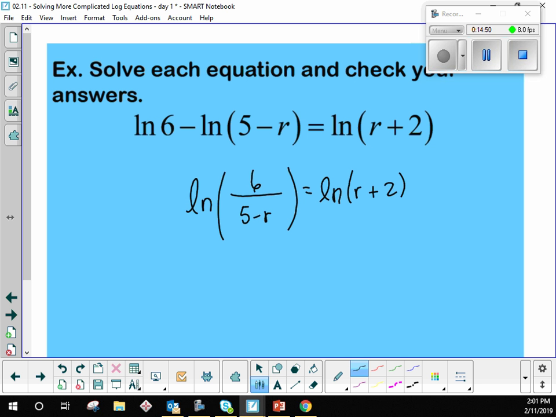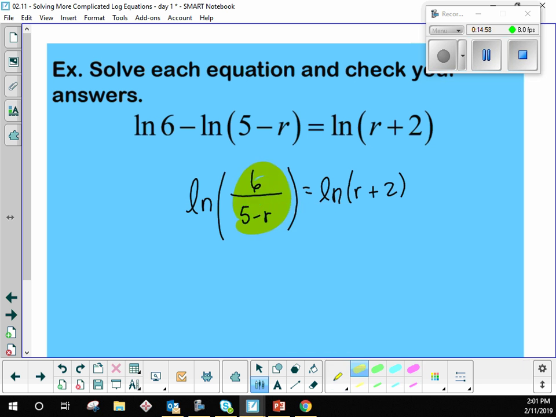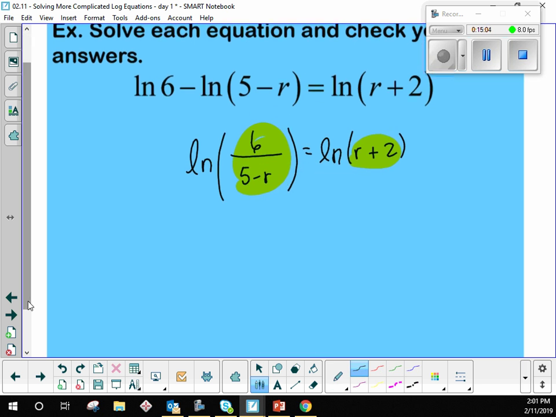So now I have this problem. I have log of something equals log of something. And I can just drop those logs off. This stuff has to equal this stuff in order for that equation to stay true. So then I just pick them off and set them equal to each other.